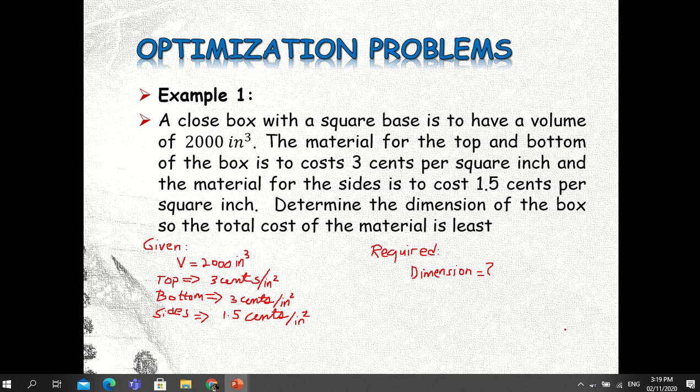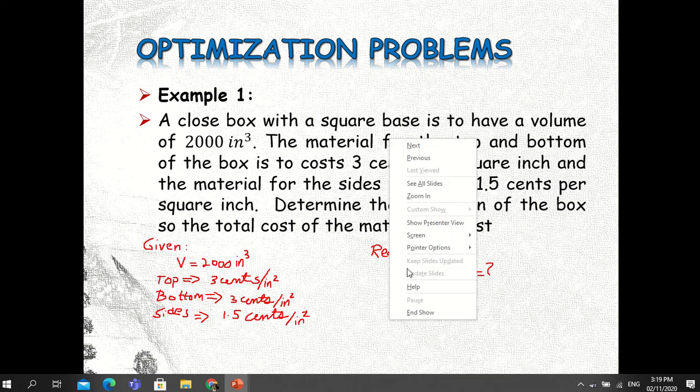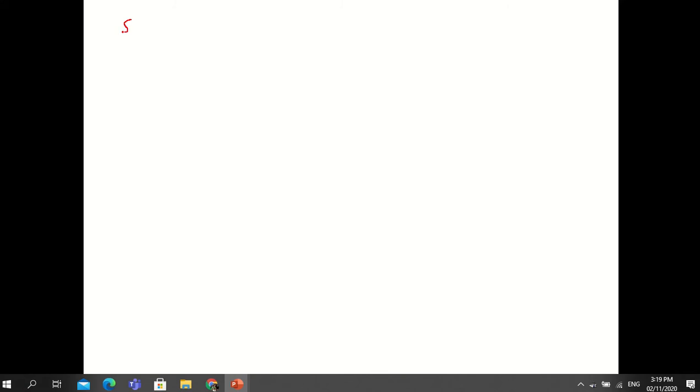Now for our solution, I'll present it in another screen.